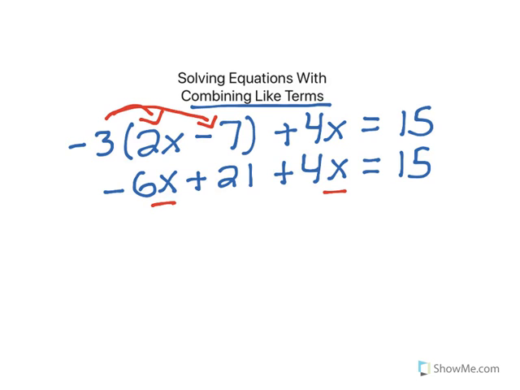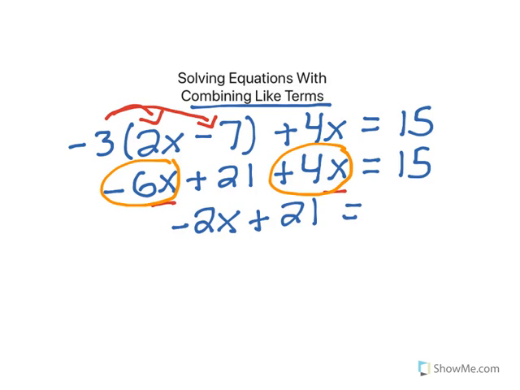So we can take our -6x and our positive 4x and add them together. We could not do that if they were on different sides, but since they're on the same side, we can. So -6x and positive 4x is going to be -2x, plus 21 is equal to 15.